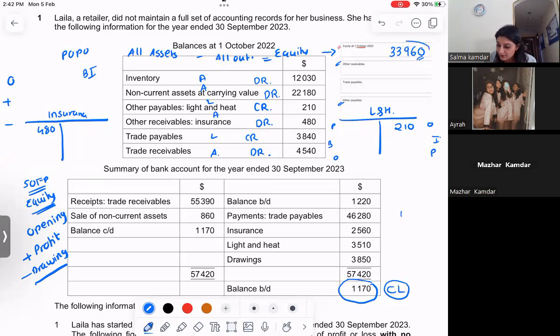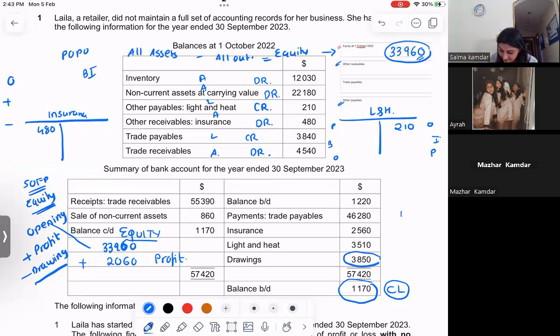So I have the opening with me. How much is opening? 33960. So I have opening 33,960. Profit I found out, right? What is profit? Profit is 2060. And I have my drawings.